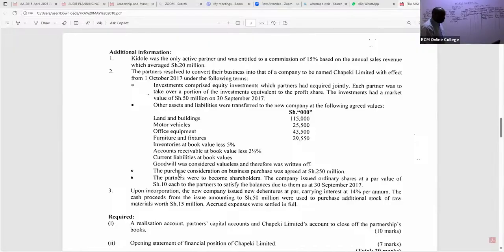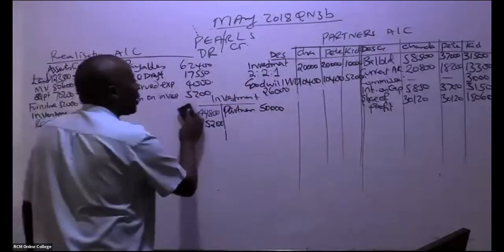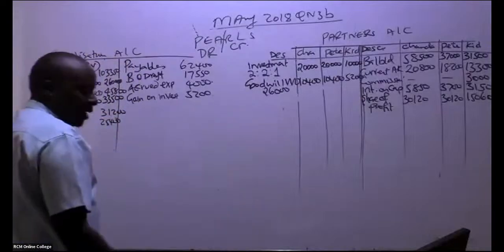So look at this note. The purchase consideration on business purchase was agreed at 250 million. That's 250,000, remember we are cutting 3 zeros. Remember that purchase consideration will be debited to the new company being formed, and you credit your realization. Purchase consideration will always be credited here.